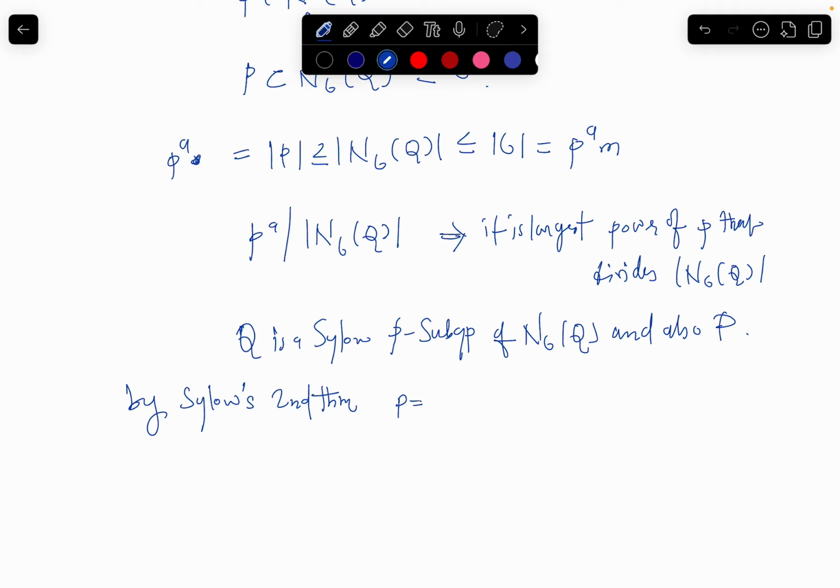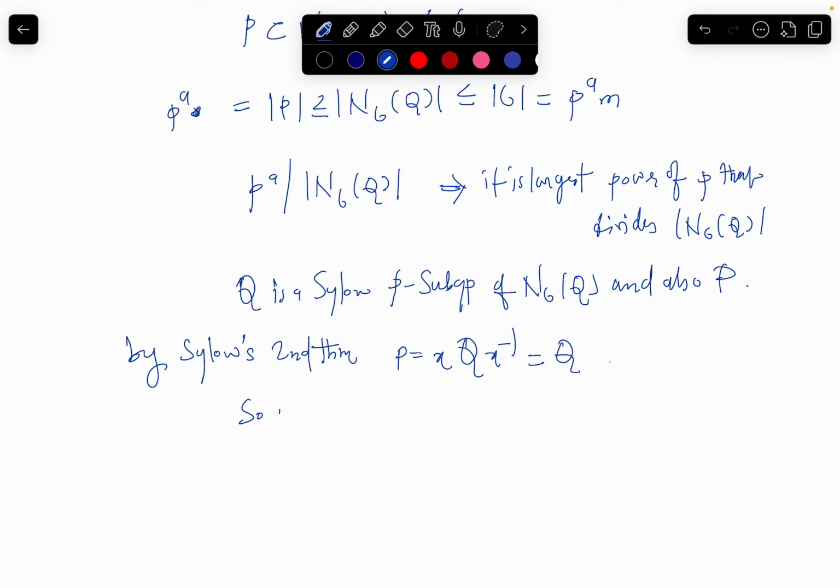So P is in N_G(Q), so P is xQx inverse, but as x is in N_G(Q), this is actually Q. So P and Q are the same.